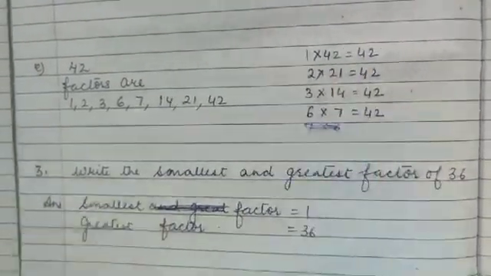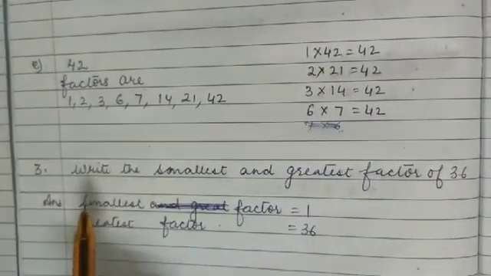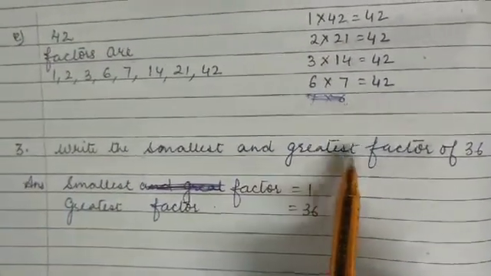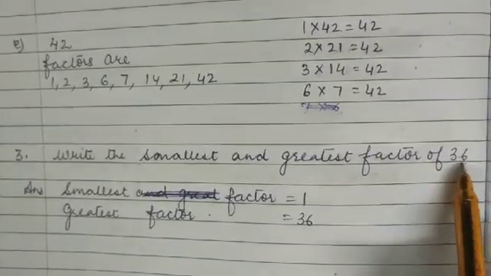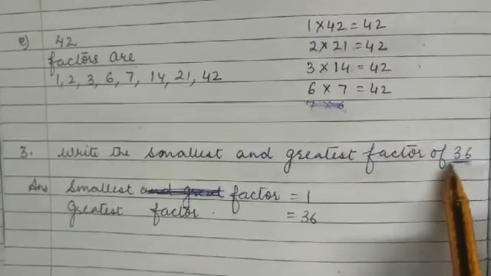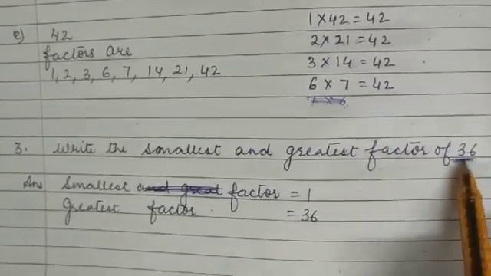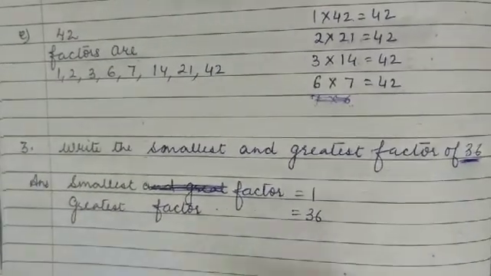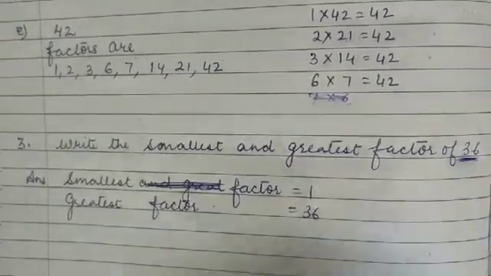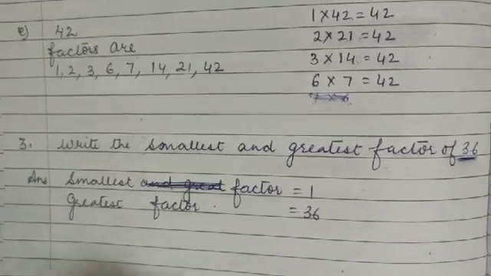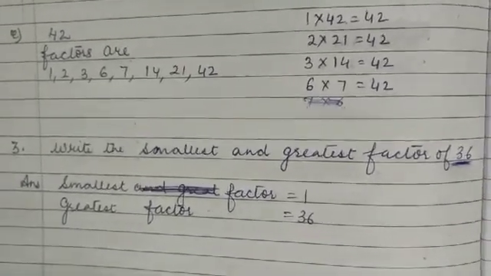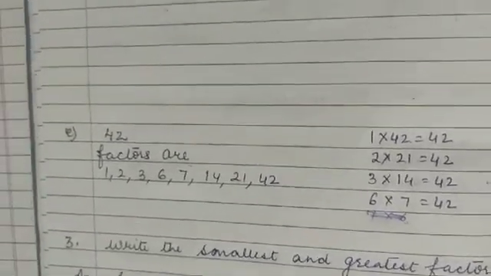Clear? Now question number 3 is: write the smallest and greatest factor of 36. Read the properties: the smallest factor is number 1 and the greatest factor is the number itself. See all the factors.